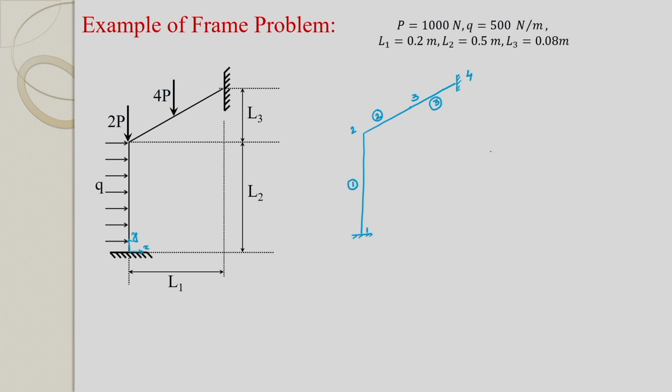So if we write the coordinates of the node, for node 1 it is 0 0, for node 2 it is 0 L2, for node 3 it is L1 by 2 and L2 plus L3 by 2, and for node 4 it is L1, L2 plus L3.